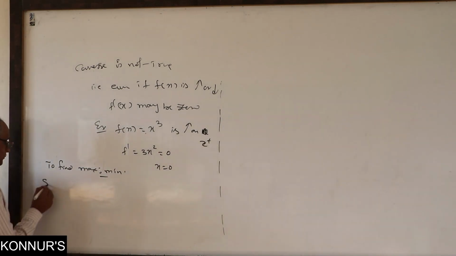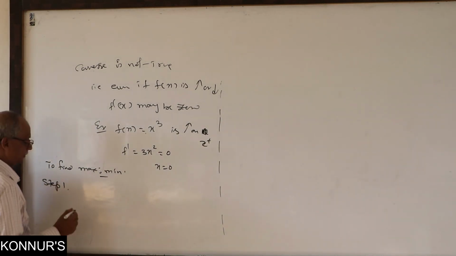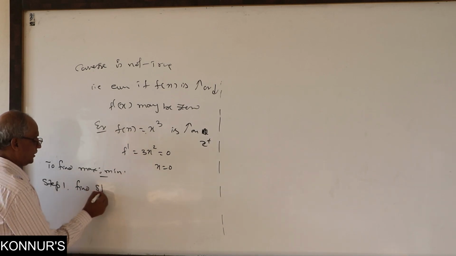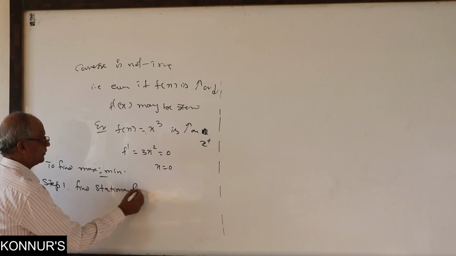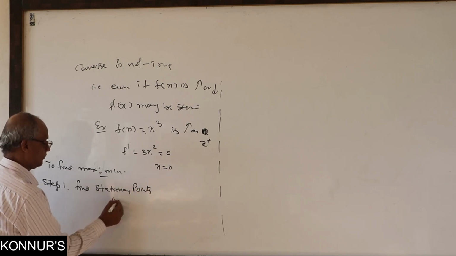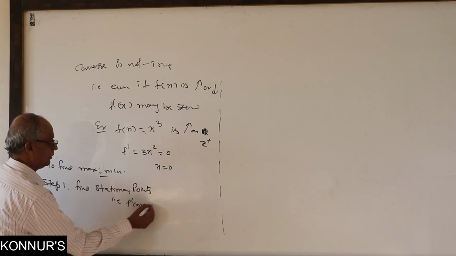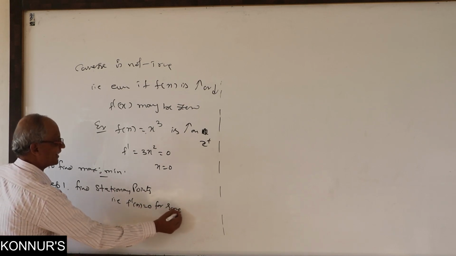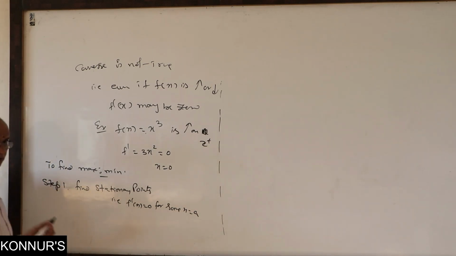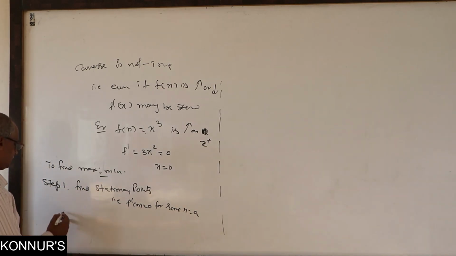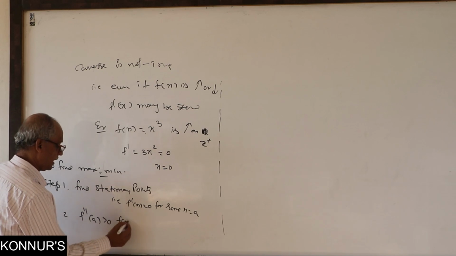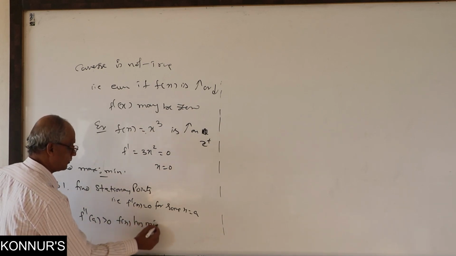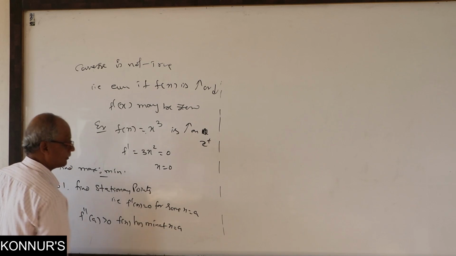First step: find stationary points. That is, f dash x equal to 0 for some x equal to a. Derivative find out. Second step: f double dash of a, the second derivative. If positive, f x has a minimum at x equal to a.